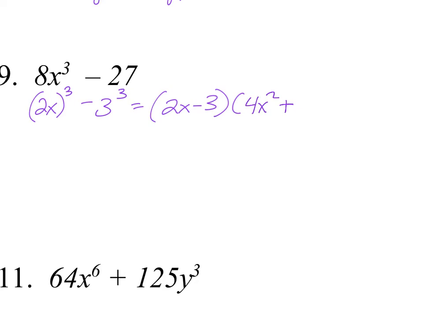So that's 3 times 2 is 6x. And then I have a plus b squared, which is 3, so that's 3 squared is 9. So that would be my final answer.